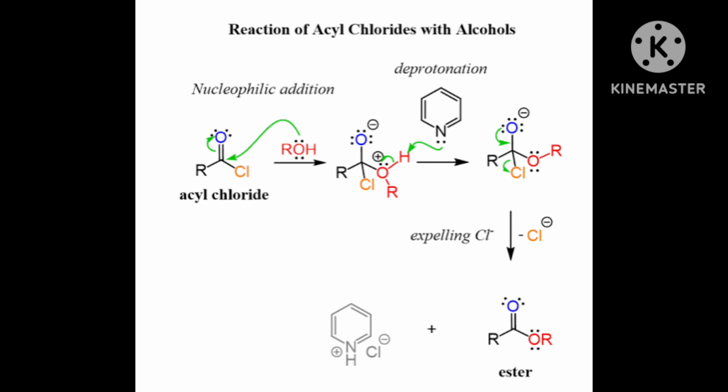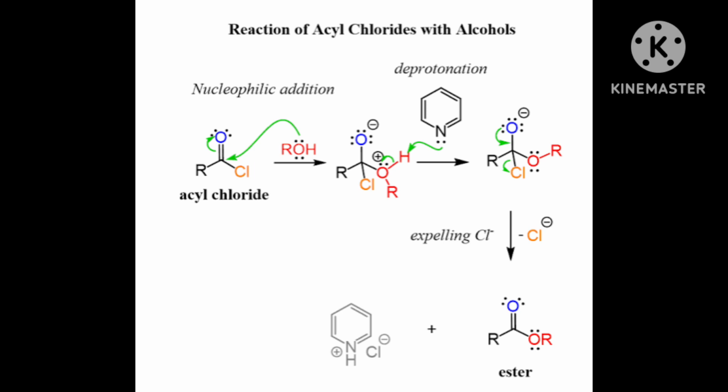Then this Cl negative and H plus from phenol or alcohol, that H will come and join with Cl. It will form HCl. Now when this RCOCl bond is broken, Cl gets a negative charge, but that carbon gets a positive charge.